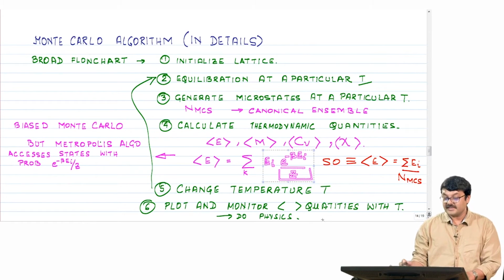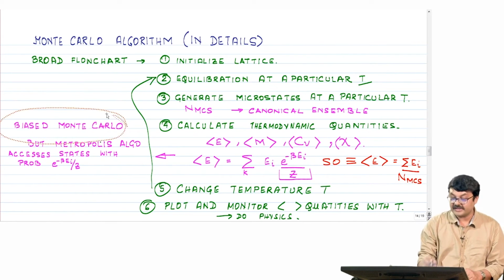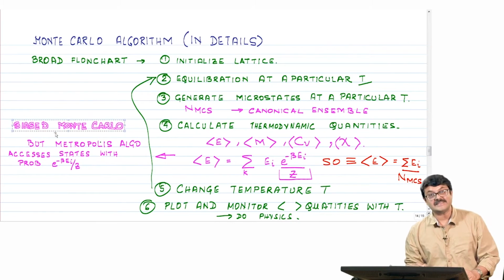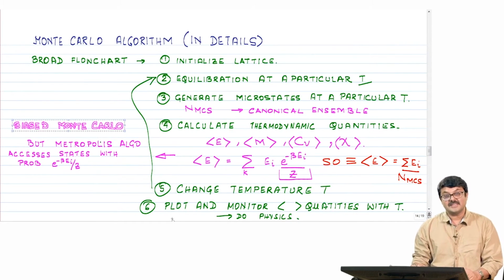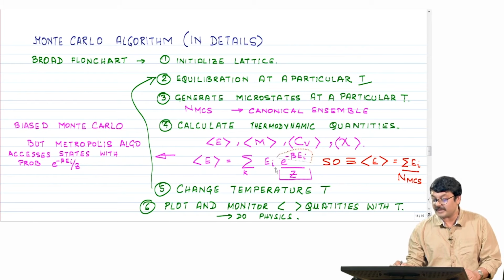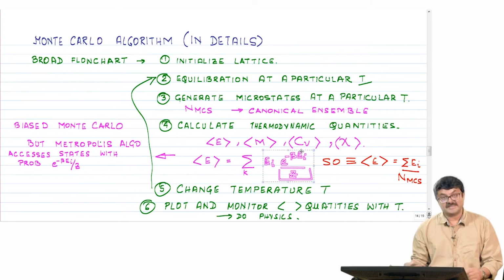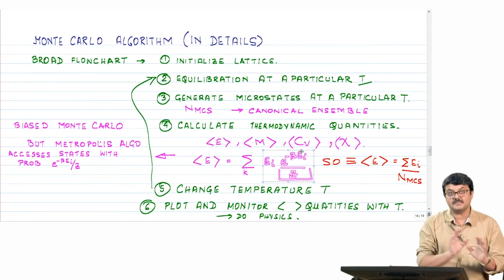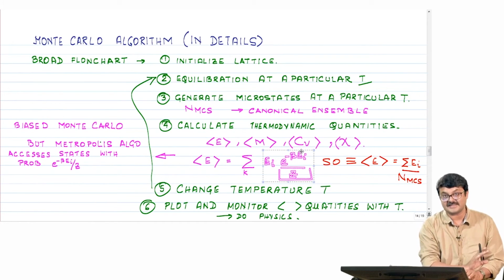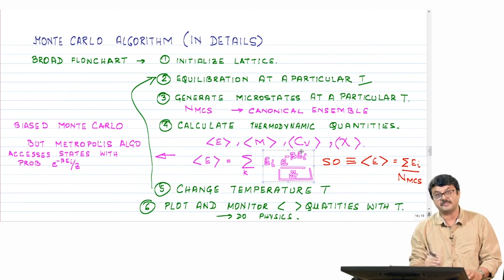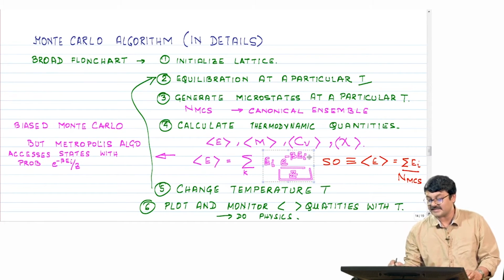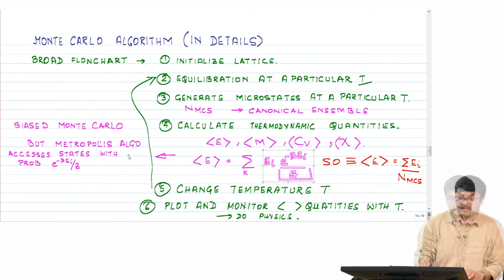But here in our case, as we discussed, we are doing a biased Monte Carlo simulation. So, what is a biased Monte Carlo simulation? We are accessing different microstates with the probability e to the power minus beta E_i by Z, right. Why that, we will discuss later, but the algorithm which I discussed last time already ensures that different microstates are being accessed with this probability.